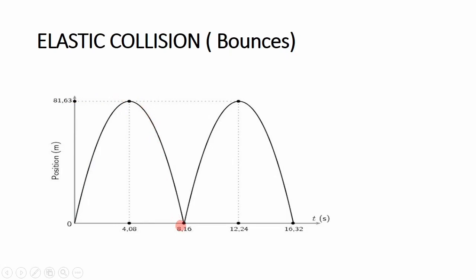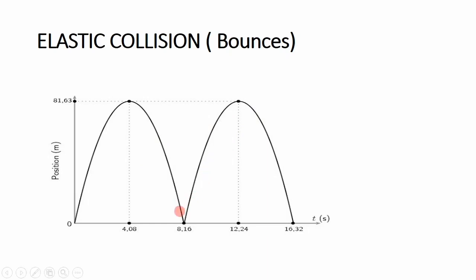When it hits the ground, it also goes back up and reaches that maximum height. Let's say the maximum height that it reached at first, it will reach that. So we say the heights of the graph will be equal, it will reach the same maximum height. So that indicates the elastic collision.